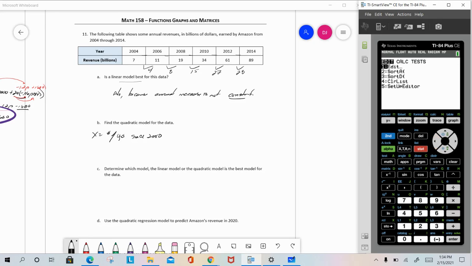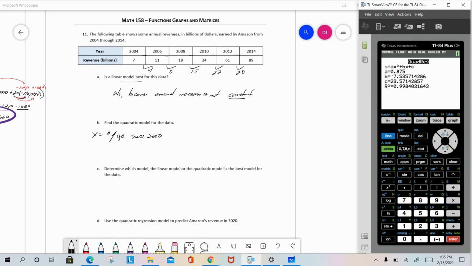So stat, calc, number 5, quadratic regression. My X values are in L1. My Y values are in L2. I don't need my frequency list. I am going to do that store reg EQ. We've done that before. Alpha F4. And I'm going to select number 1.